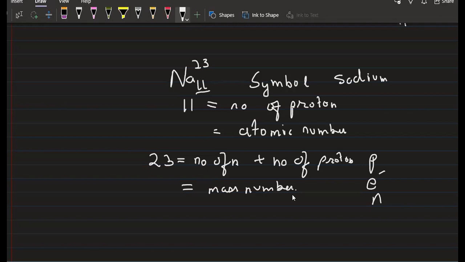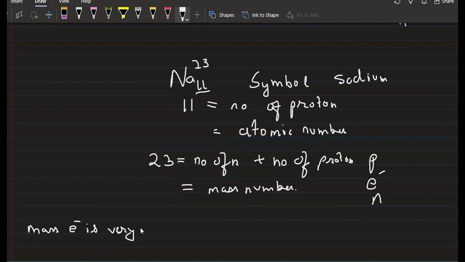Yes. Yes, Madhur, I have a very nice question: why am I saying that 23 is your mass number or atomic number? Because the electron also has some mass, right? But the mass of the electron is very small as compared to proton and neutron.